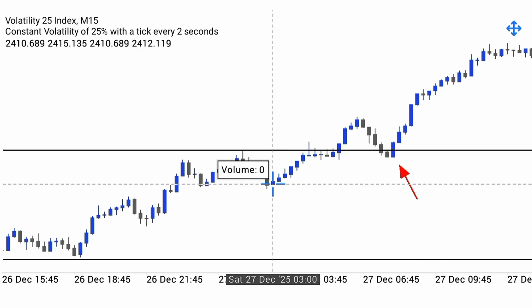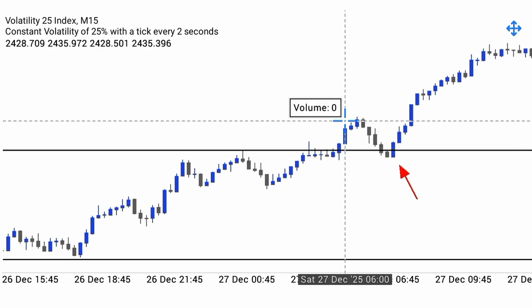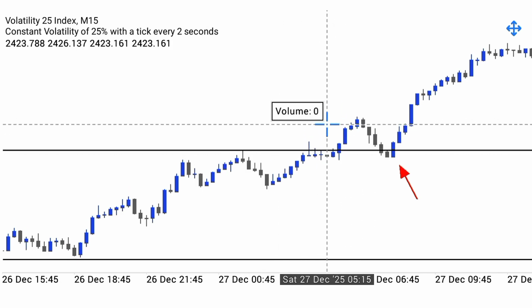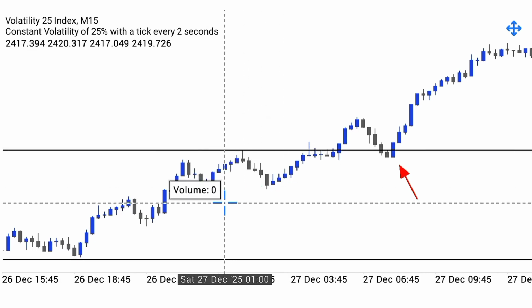So now the buyers have moved past this place, and because of that, they have taken charge over the market. How does this work? It's like when you are watching a war movie. You see these soldiers, they come to the village, and when they get to that village, they start to attack everyone there.